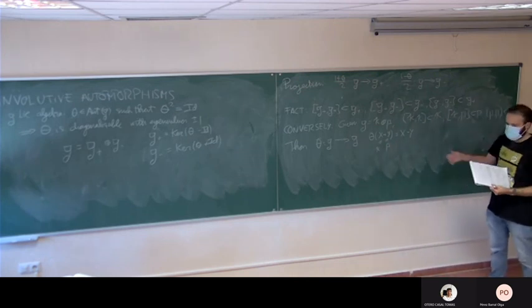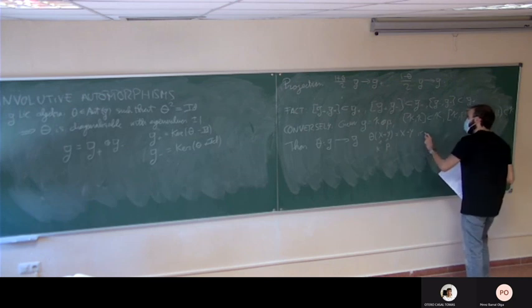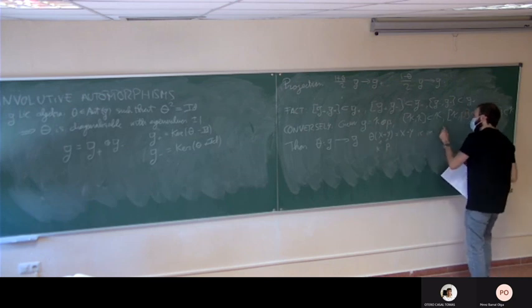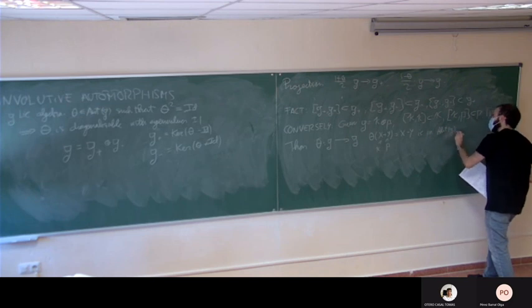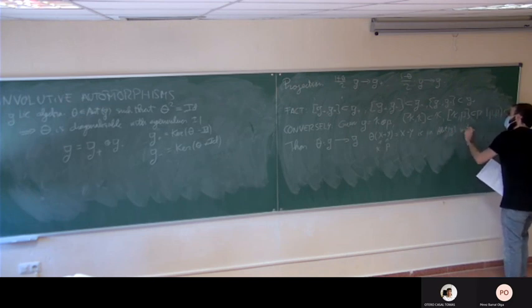So this is a linear isomorphism, but in reality, it is an automorphism with inverse itself.